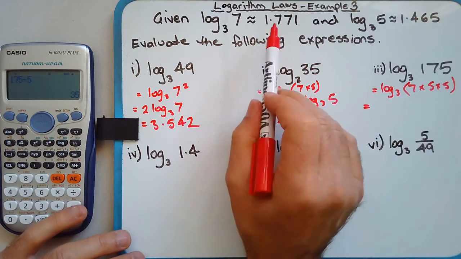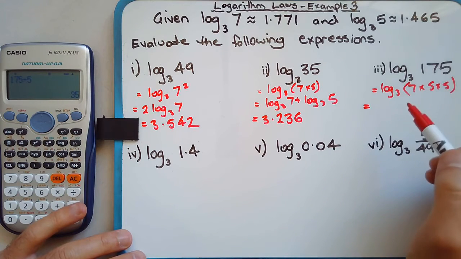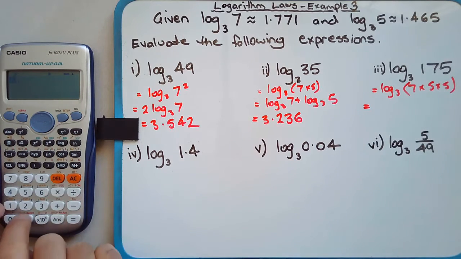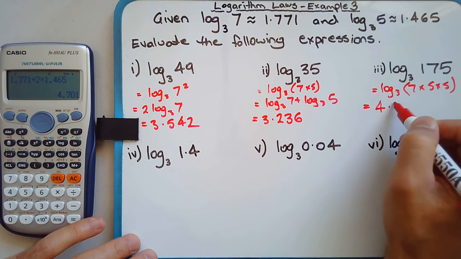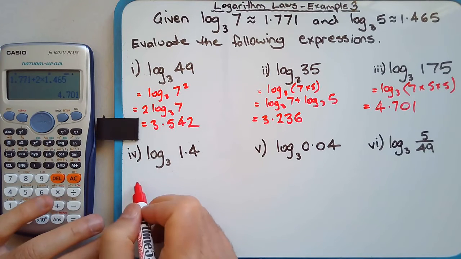So that's just going to be 1.771 plus 2 times 1.465. 1.771 plus 2 lots of 1.465, and we get 4.701.